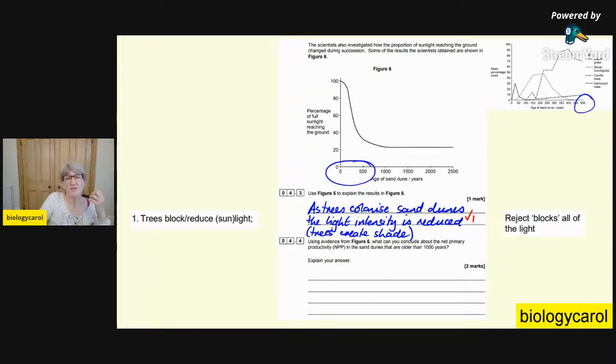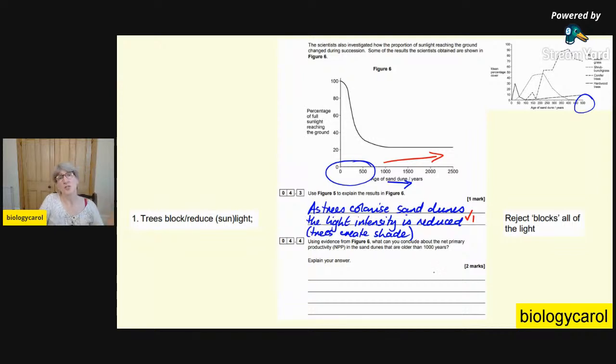Here, using evidence from figure 6, what can you conclude about the net primary productivity in the sand dunes that are older than 1,000 years? We're looking at this bit here. As soon as I see NPP or GPP, the first thing I do on the answer line is write the equation.